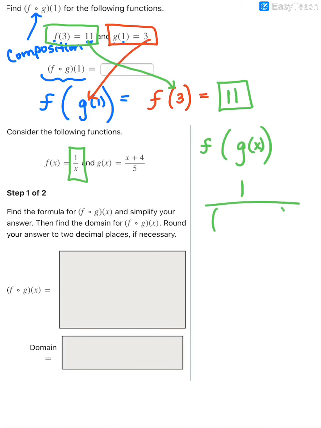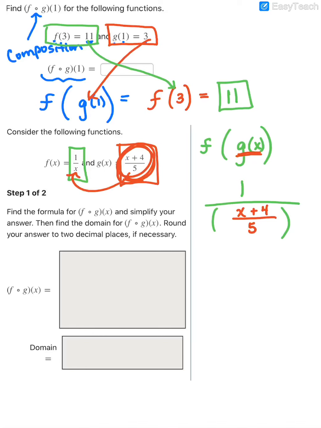But instead of writing 1 over x, I'm going to write it as 1 over parentheses, because whatever's in the parentheses up here, we plug in down here. But we're going to plug in the rule as opposed to the function notation. So we're going to plug in x plus 4 over 5. So notice what we did is we took the rule for function g and we plugged it into function f.